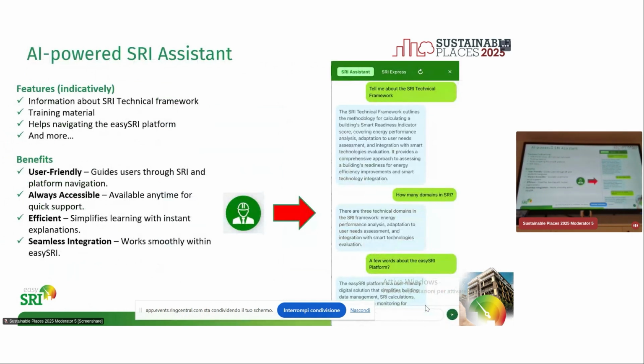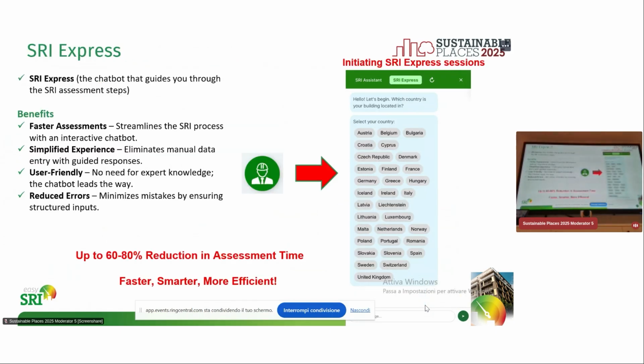Regarding some few words about the AI-powered SRI assistant, here we have something like a chatbot that we are able to talk to and perform the SRI assessment and get some extra information about the SRI. It is user-friendly, so we can access it whenever we want. It is efficient and works smoothly within the easySRI framework.